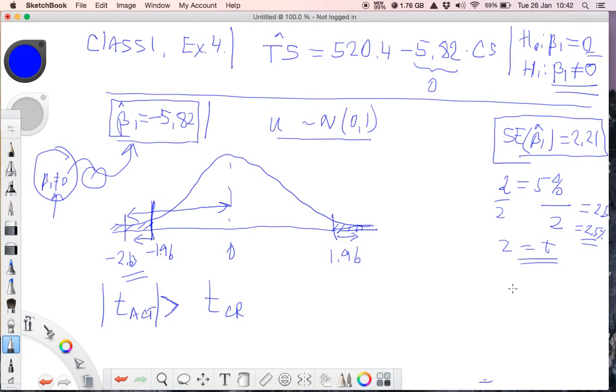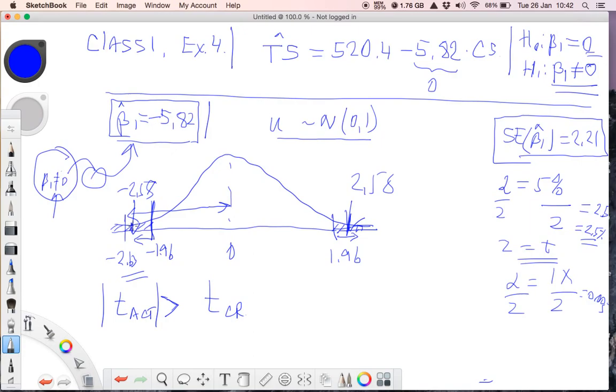Now what about at 1%, which is also a requirement? Well, again, we divide this by 2 because it's two-sided. You get 0.005. The t critical values for these, which will be somewhere here, are 2.58 and minus 2.58.